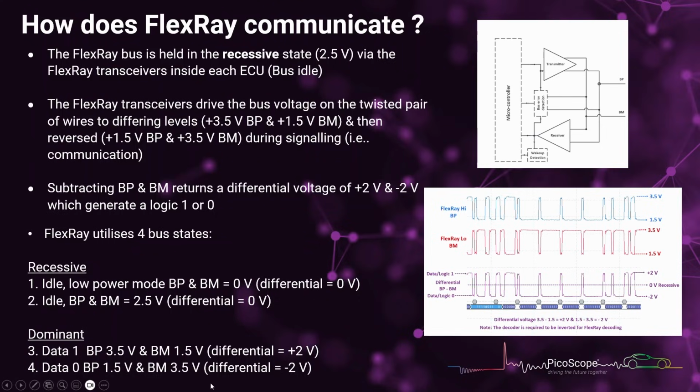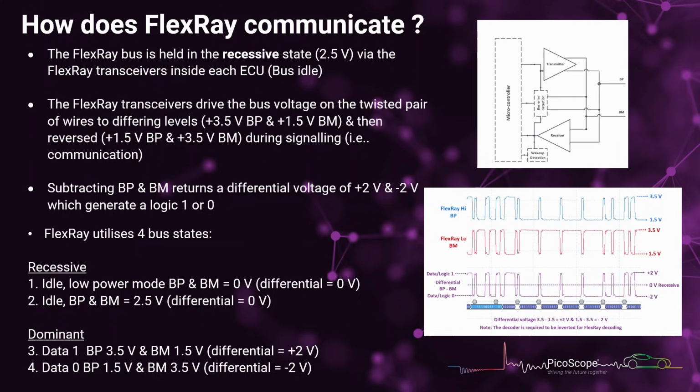This is not low power mode, it's almost like standby, where bus plus and bus minus are at 2.5 volts, which gives us a differential of 0 volts. So you would ask yourself, how can it determine which of those modes it's in? Well, it actually looks at the voltage range, because 0 minus 0 means you are at 0 volts at the 0 range. 2.5 minus 2.5 is 0 volts, but you're at the 2.5 volt range when you start, so that's how it determines which is which.